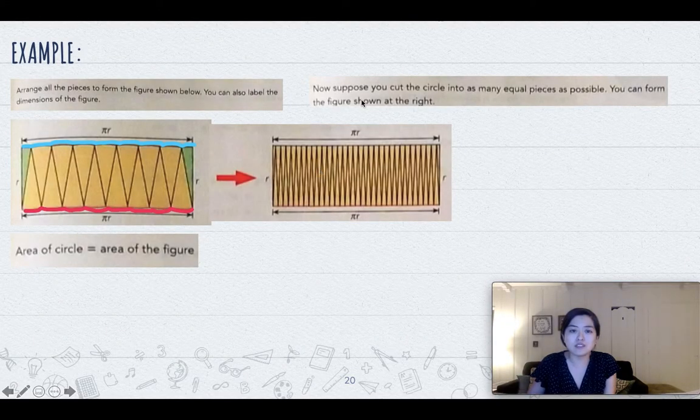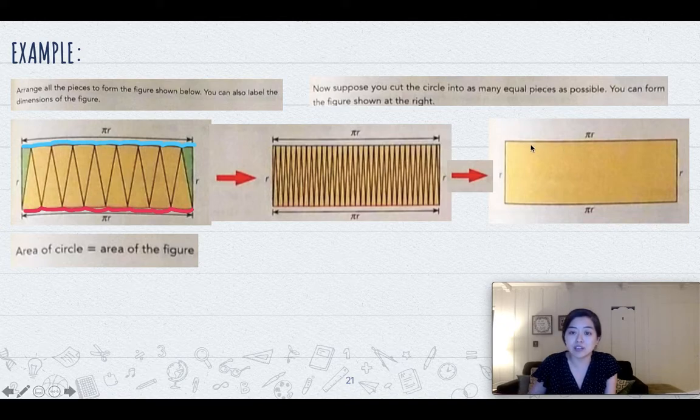So let's do this. Let's cut the circle into as many equal pieces as possible. And if you do it, as your equal pieces get smaller and smaller, you see that the edges out here straighten more. You see that? Okay. And then eventually it'll straighten a lot more like this, where it does look like what figure? It looks like a rectangle, right?